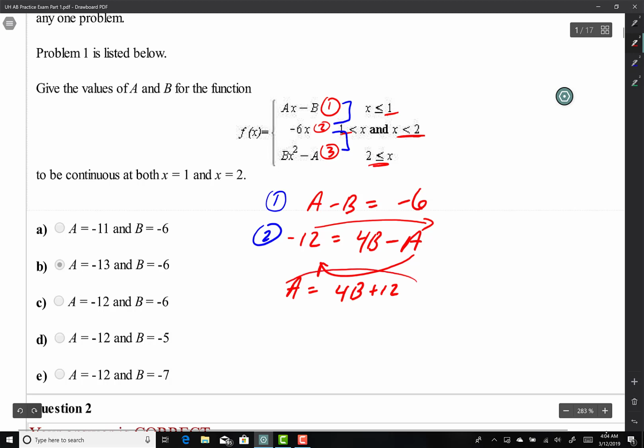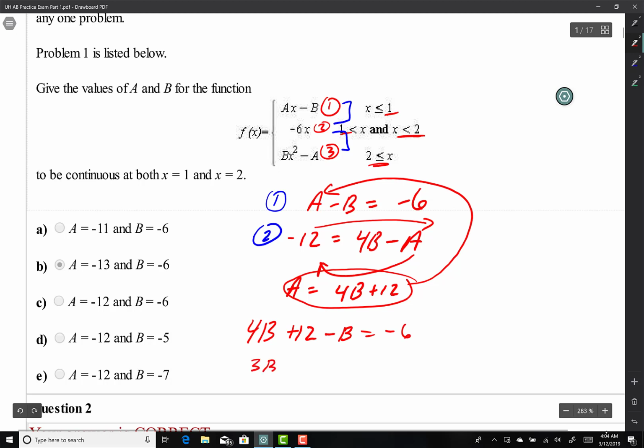Now that I have a equals 4b plus 12, I'm going to plug that in right here. So I'm going to have 4b plus 12 minus b equals negative 6. So 4b minus b is 3b, and I'm going to move the 12 to the other side, minus 12 minus 12. So 3b equals negative 18. Divide by 3, divide by 3. So b equals negative 6.